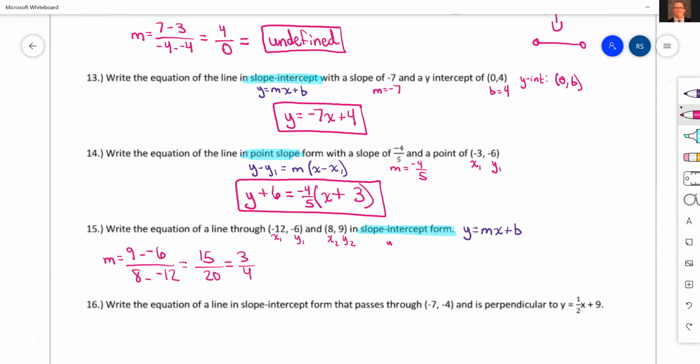So I'm going to say y minus negative 6. So that's same as saying y plus 6 equals 3/4 of x minus negative 12. That's the same as saying x plus 12.